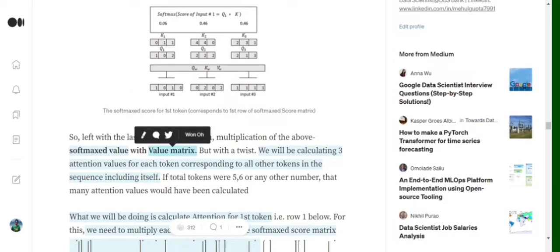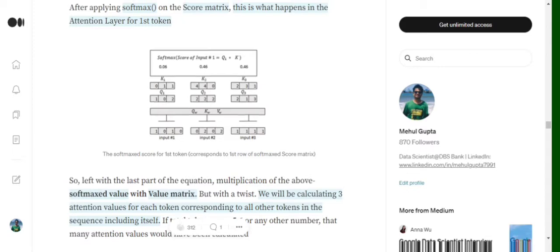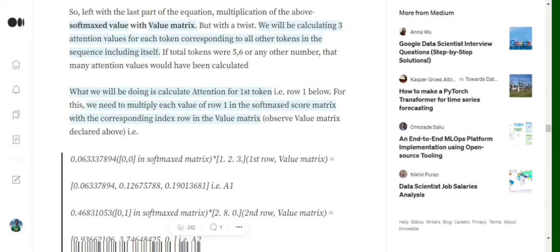Now, the last part remaining in the attention formula is multiplying with the value matrix. If you remember, softmax of QK transpose upon root dk, into the value matrix. So how will we be doing that? If you remember, the value matrix was of dimension 3 by 3. So we will be calculating three attention values for each token that we are getting. How are we doing that?